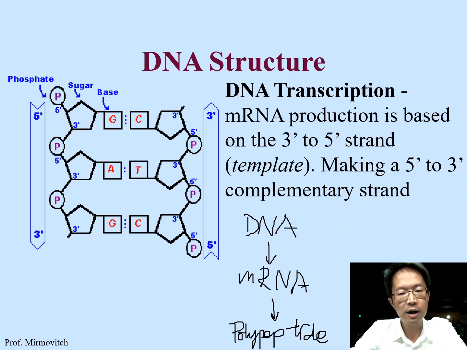The bacteria on the surface of the raw meat, they also do the same thing. DNA, mRNA, polypeptide. All living organisms, the plant in your house, the dog in your house, they do the same thing. The flea living on the dog, they also do the same thing. So we call it central dogma.